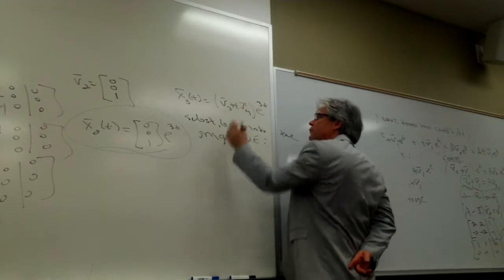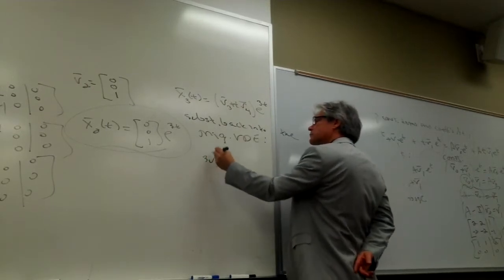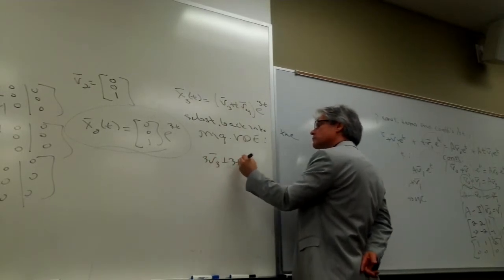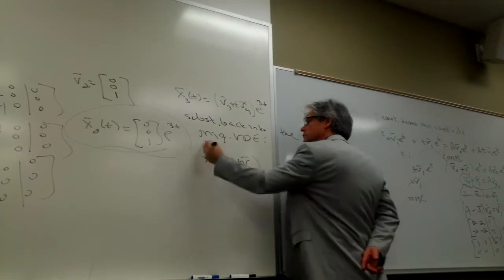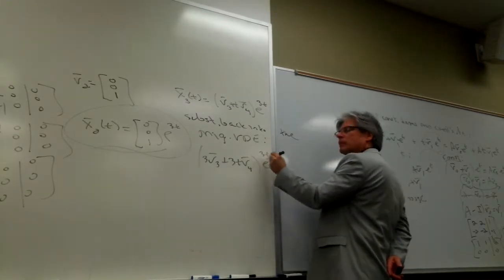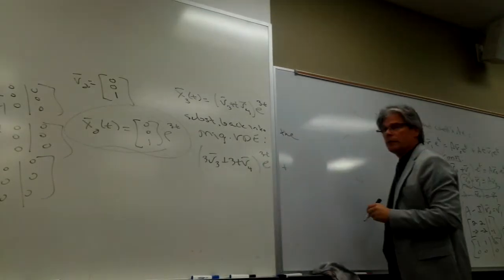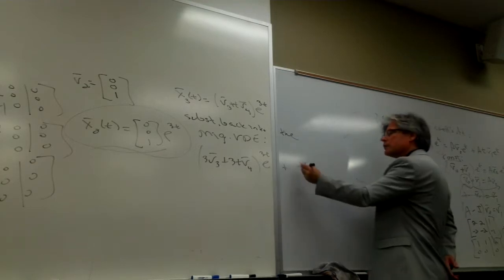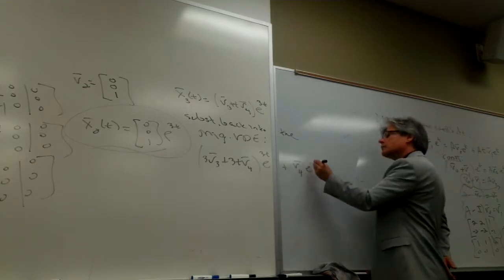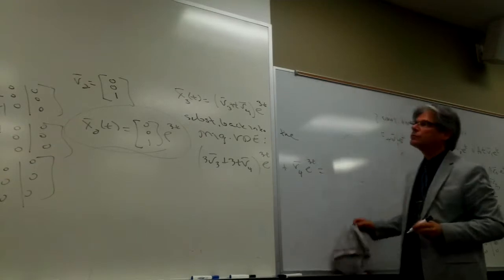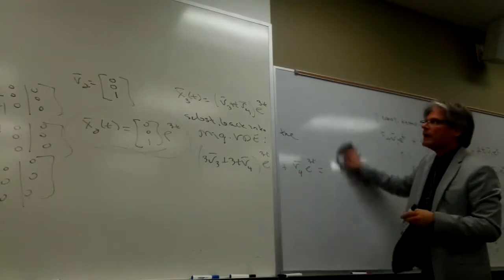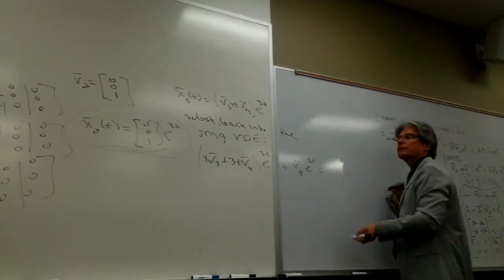Well, here's the first times the derivative of the second, plus the second times the derivative of the first, being equal to my A times my x of r sub 3.